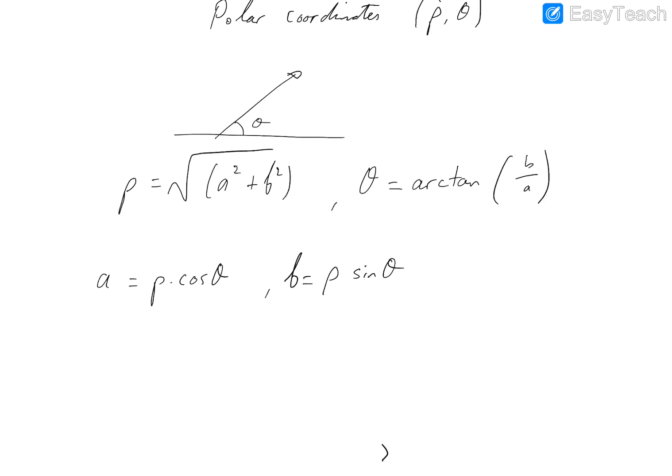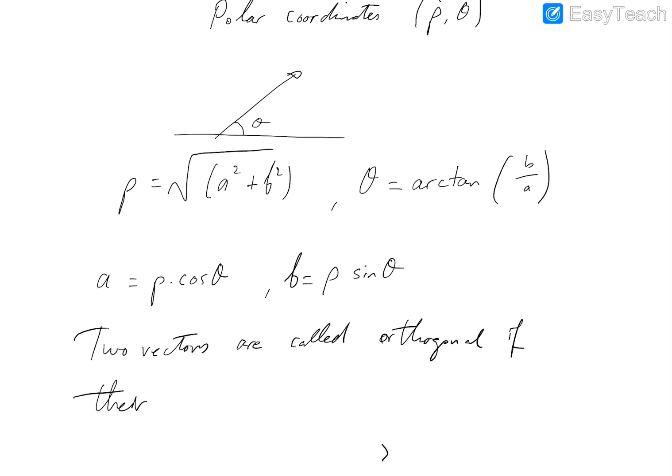One thing to remember about inner products is that when the inner product of two vectors is 0, that means they are orthogonal. In fact, that's the definition of orthogonality. Two vectors are called orthogonal if their inner product is 0.